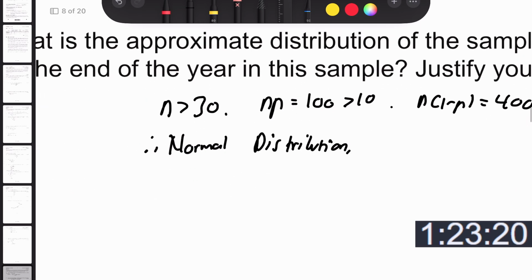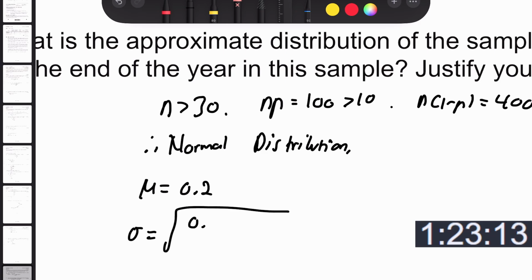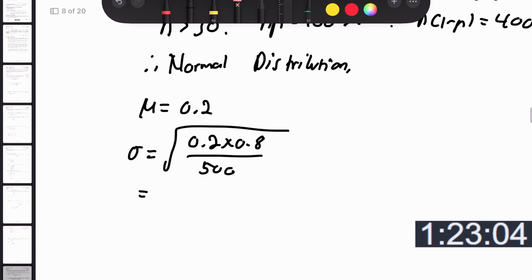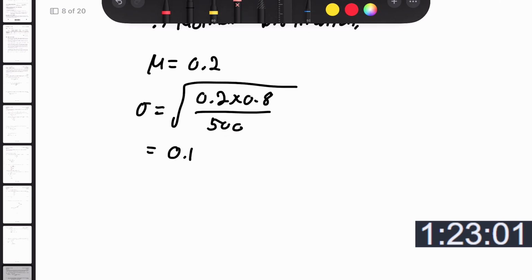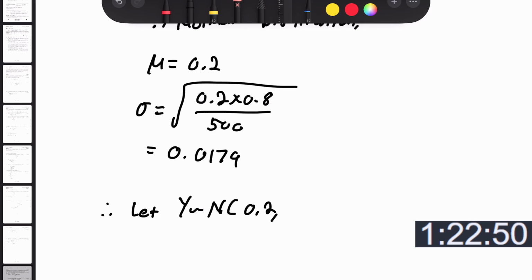So the mean is going to be 0.2 and my standard deviation is going to be the square root of 0.2 times 0.8 over 500, which is 0.0179. Therefore, let Y approximate a normal distribution with mean 0.2 and standard deviation 0.0179.